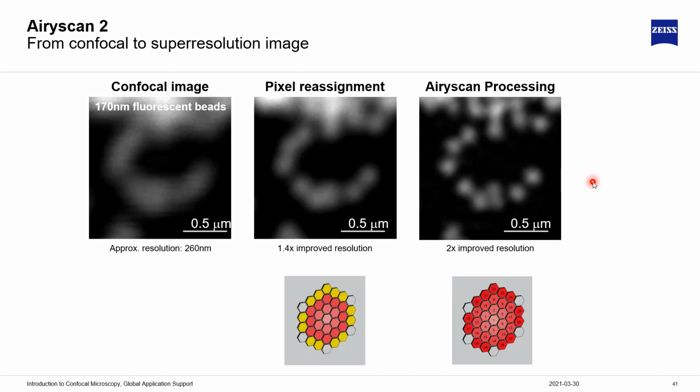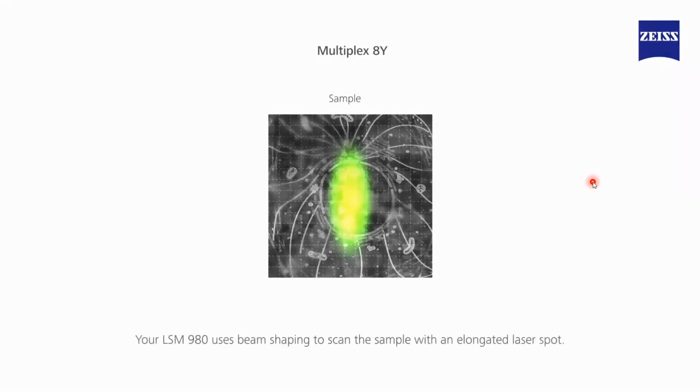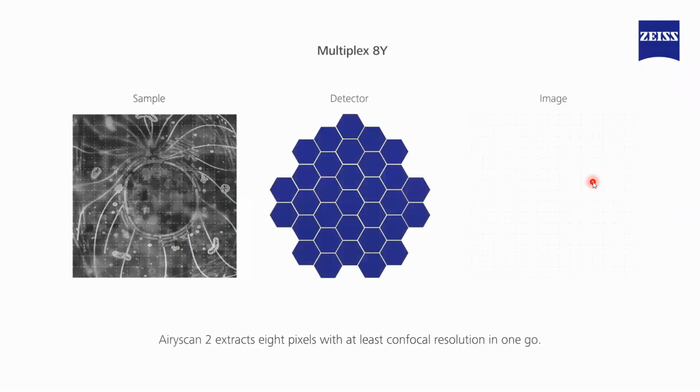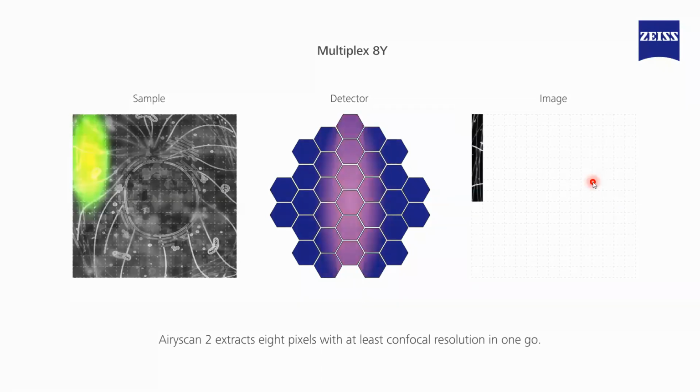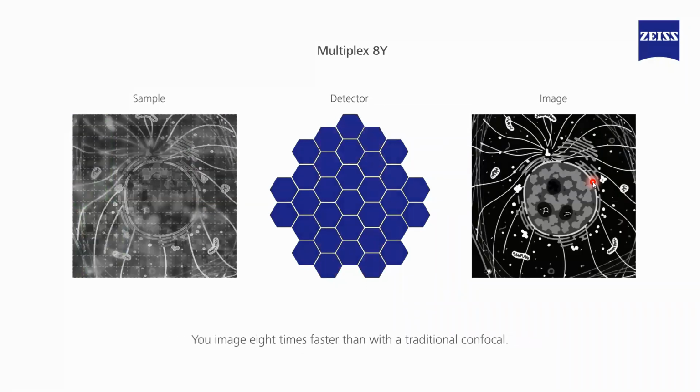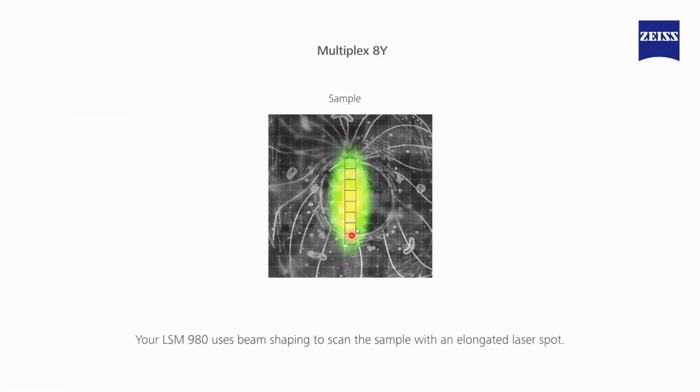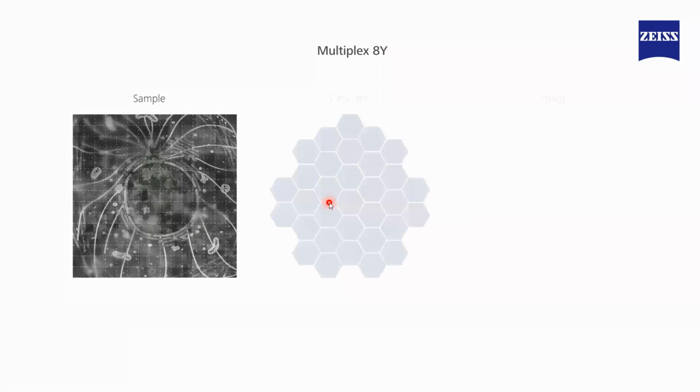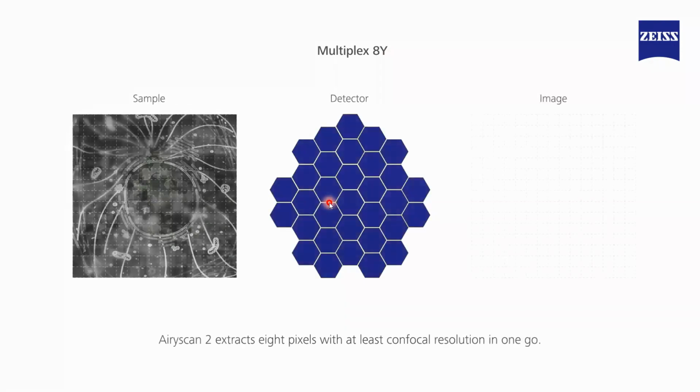Now, this is of course not everything that you can do with the Airyscan detector. There are several ways you can image your sample using the Airyscan detector in the multiplex mode. Multiplex mode means that you are basically taking more than 1 pixel at a time. And as you can see in this little movie, in the mode which we call 8Y, what you do is you use a slightly elongated laser beam in a way that you can actually, in one scanning point, receive 8 pixels and not only 1 pixel.